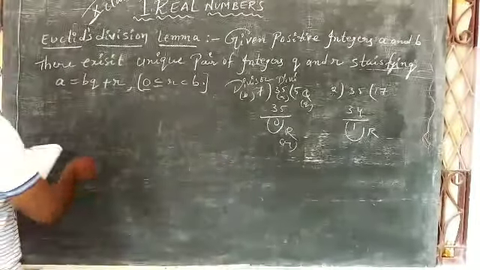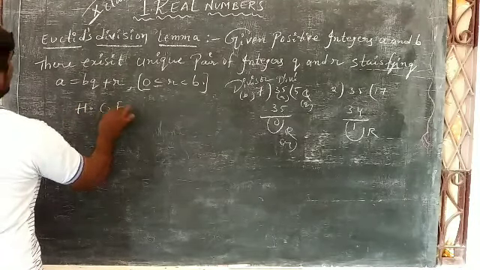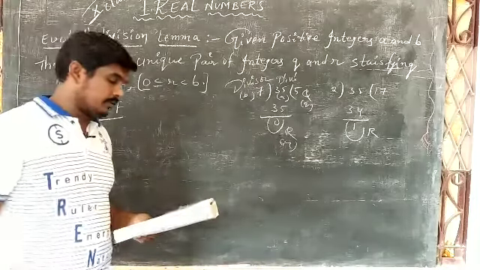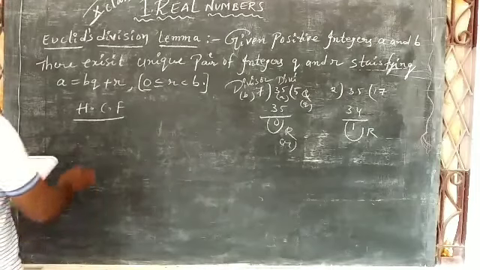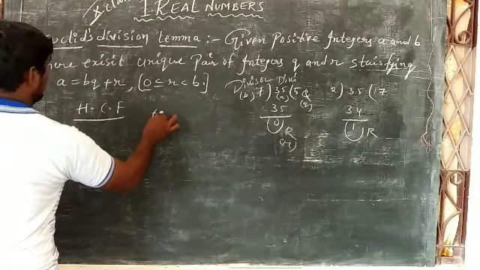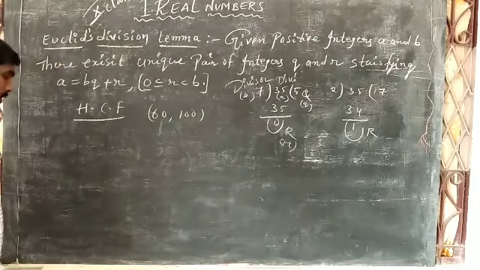See one example, all of you. HCF, highest common factor. How to find it by using this concept? So what the question is: find out the HCF of 60 and 100 by using Euclid's division lemma.